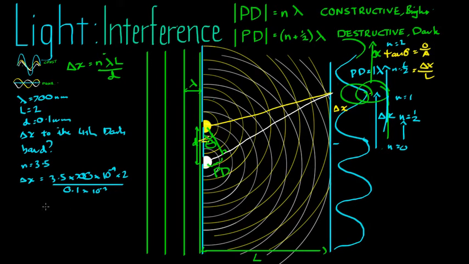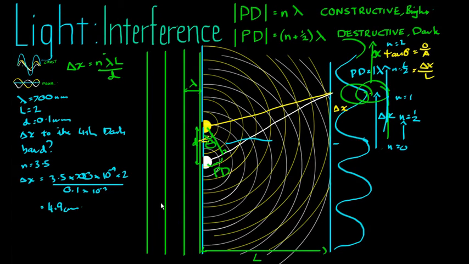I have delta x equals 4.9 centimeters. So that's how you apply that formula there. You'll find the fourth dark band, 4.9 centimeters, from the central line there.